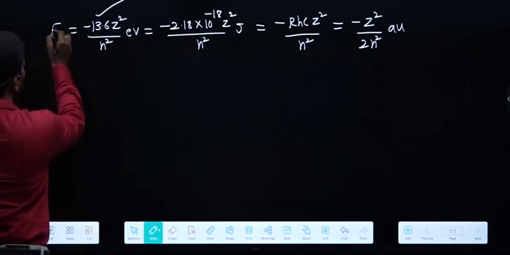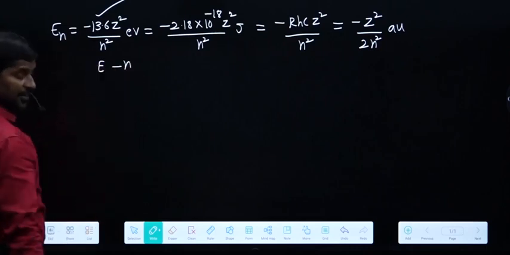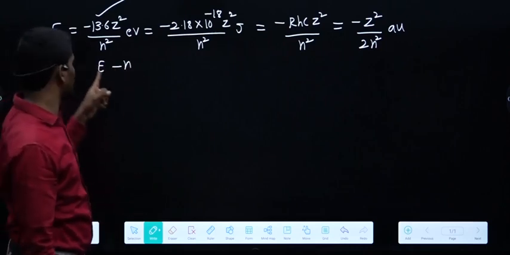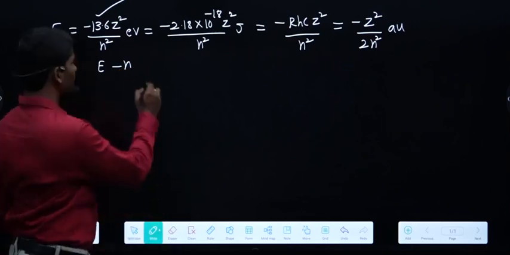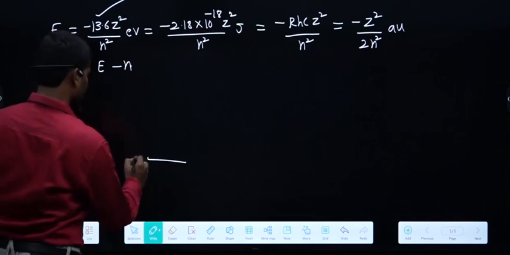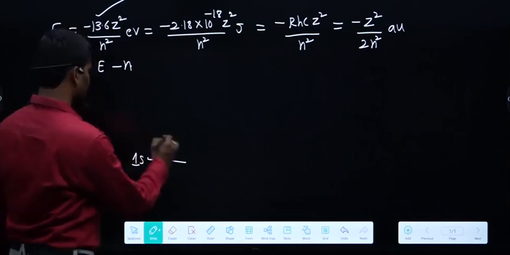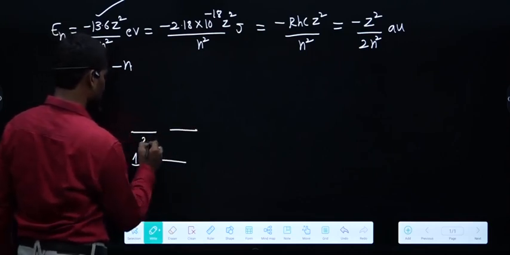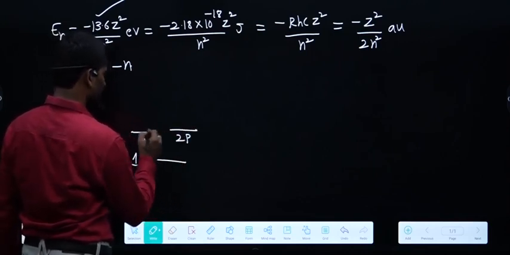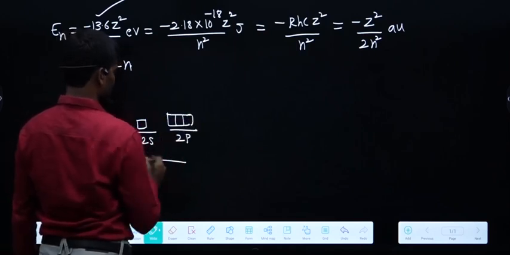One thing to observe: energy here depends only on the principal quantum number. Energy is independent of the azimuthal quantum number. So in one-electron systems, in the first shell only the 1s orbital is possible. In the second shell we have the 2s and 2p subshells: in 2s we have 1 orbital, in 2p we have 3 orbitals.